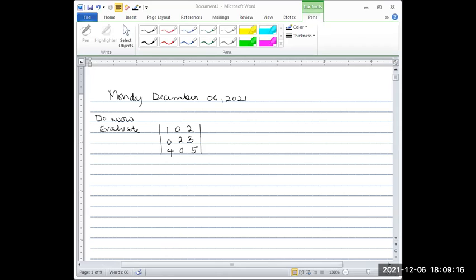Anybody use the second one and get -6? Anybody use the third row? Go ahead. I used the first row, but I did not get -6.